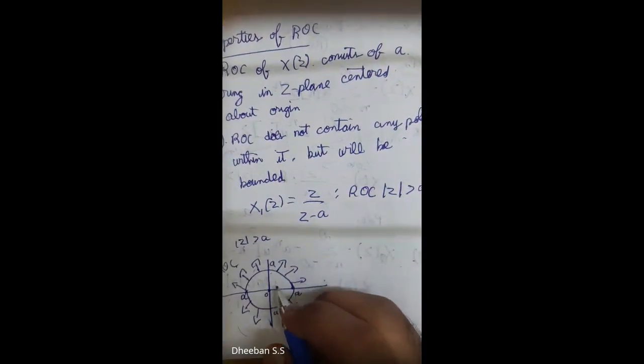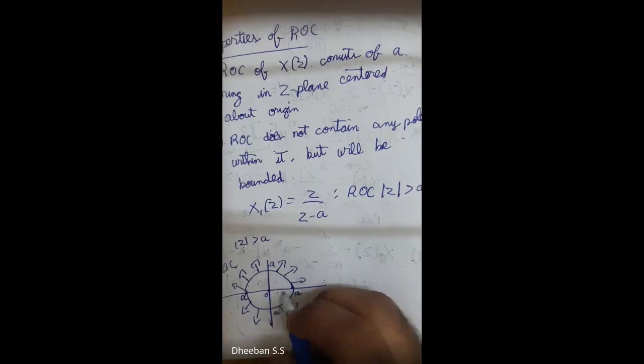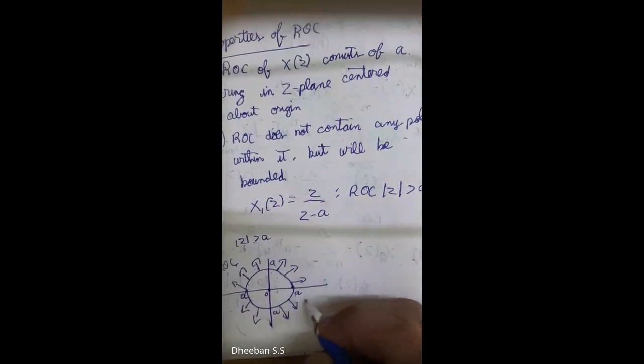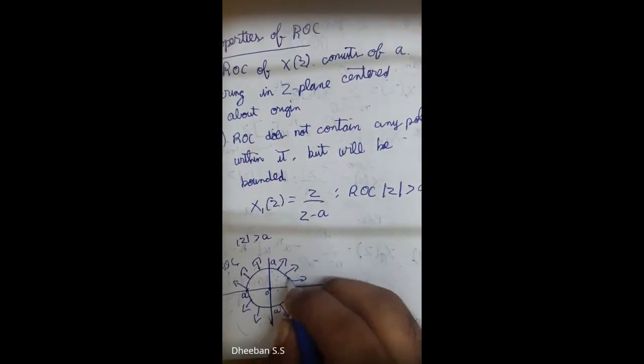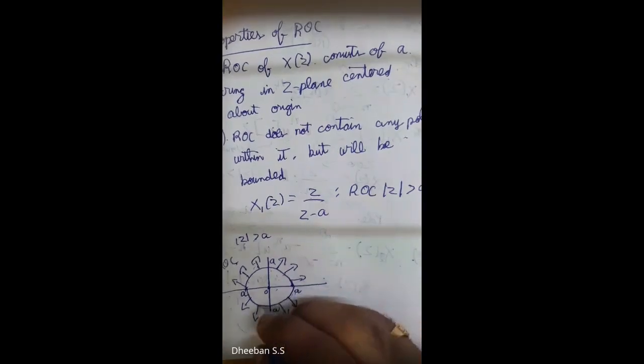Inside the ROC there won't be any poles present, but the poles will be bounded.